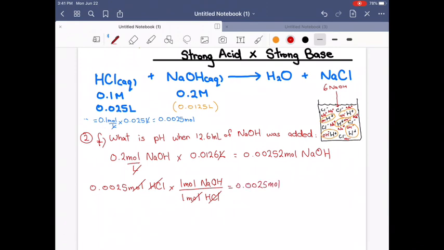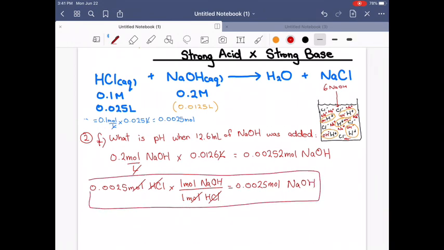Thank goodness I picked HCl and NaOH, because if I picked something else, there would be just a little bit more work, just one calculation more worth of work. So that's the amount of NaOH that was reacted. Now you want to know how much is in excess, right?